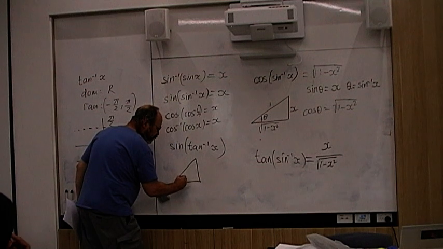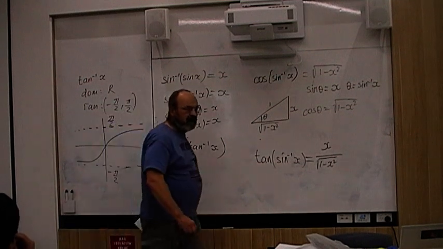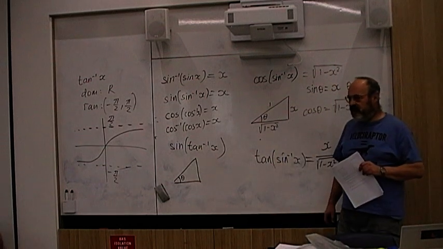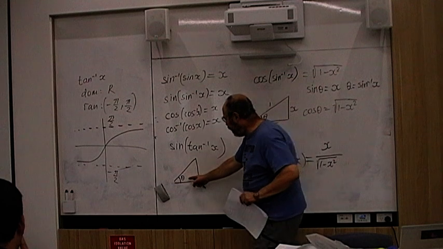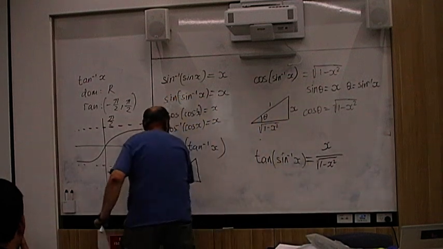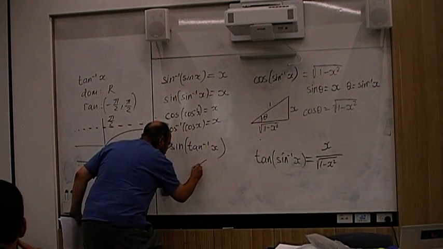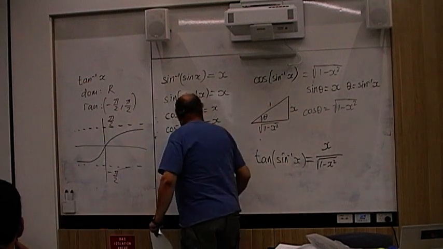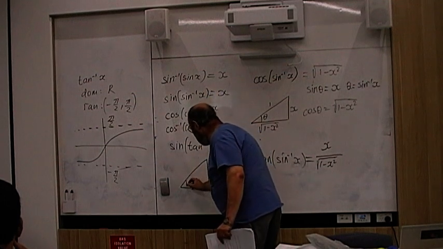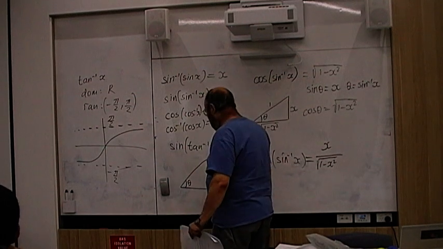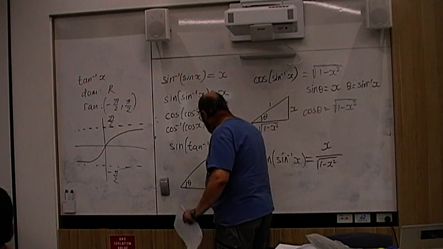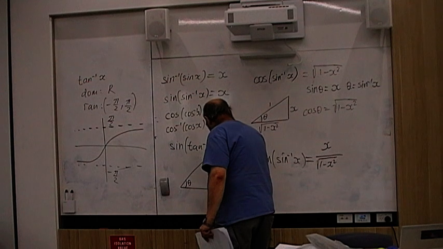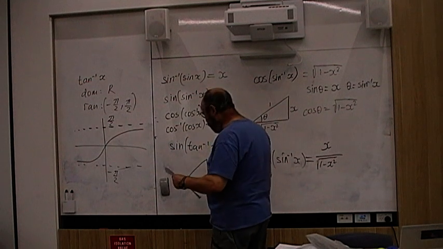Let's say this is angle theta, and the opposite side is x and the adjacent is 1.